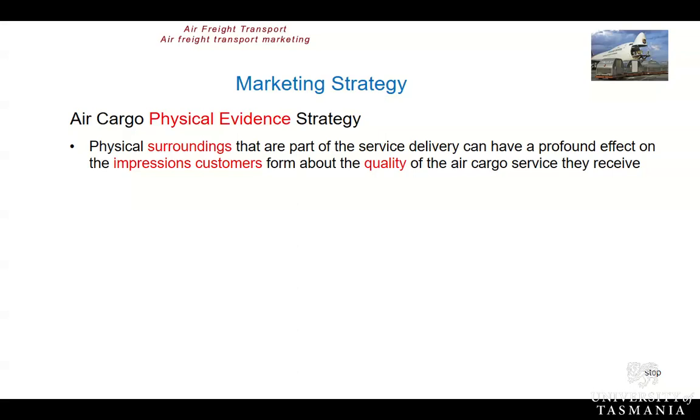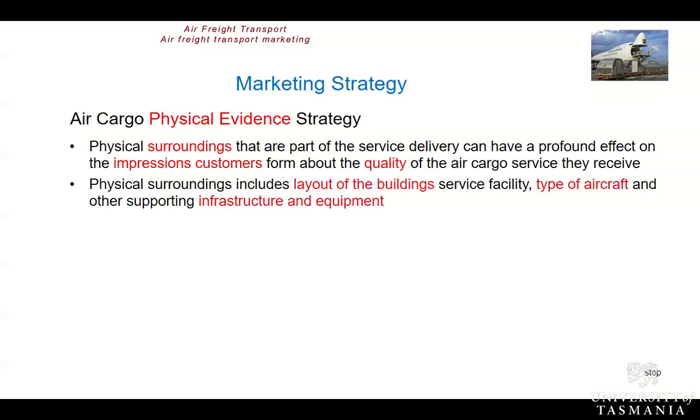If they arrive at the airport and they view the aircraft, or they look at the equipment, or a truck turns up, all these physical elements are resonating in the customer's mind in terms of the particular service. So to that end, and to appear as professional as you possibly can, you need to be mindful of the layout of buildings, the type of aircraft, and other infrastructure and equipment that you've got.